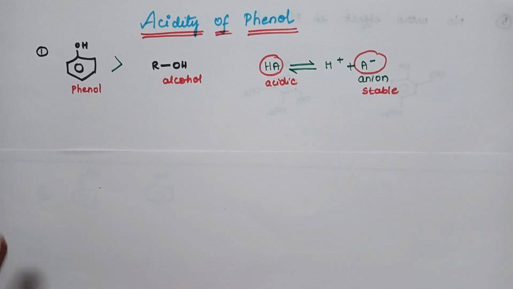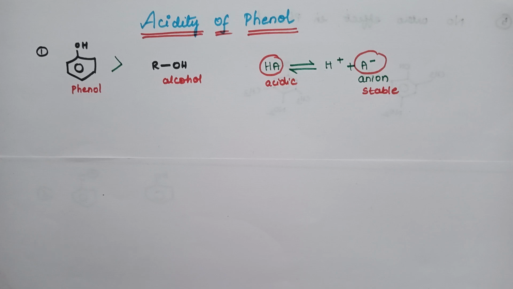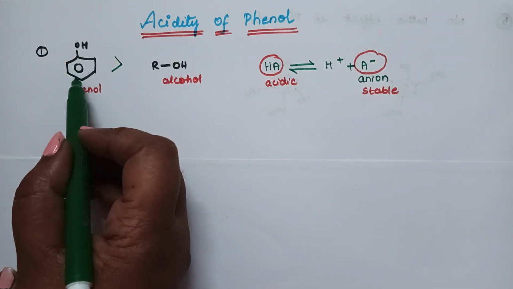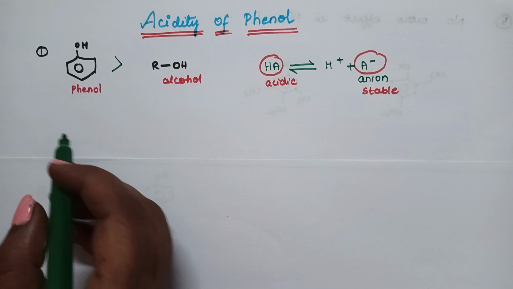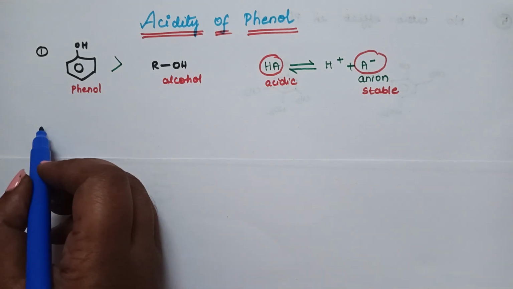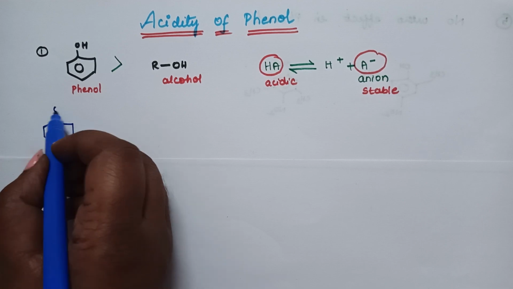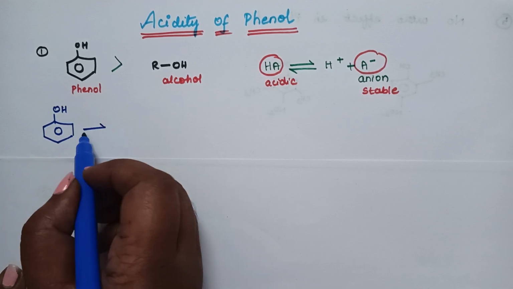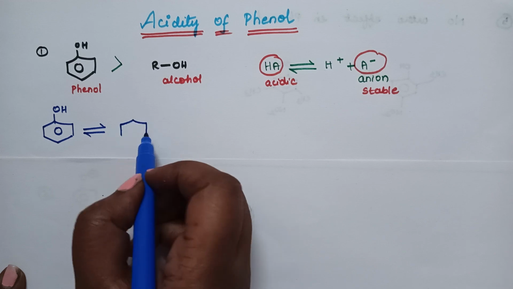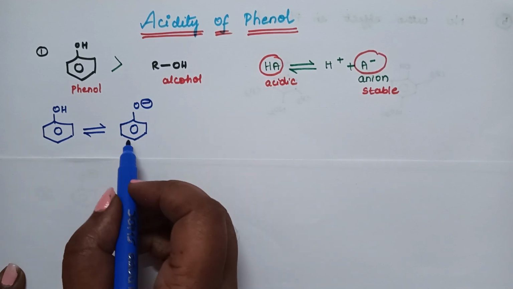So same way, let us see in these two which forms more stable anion. First, let us take phenol. So phenol will form phenoxide ion.